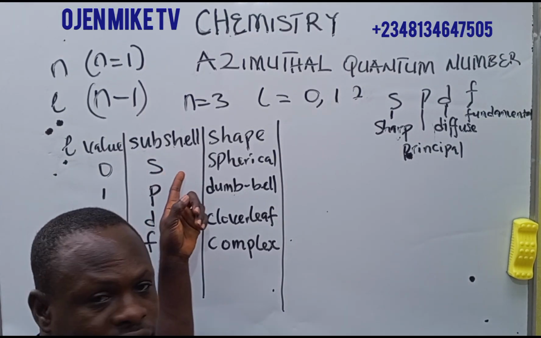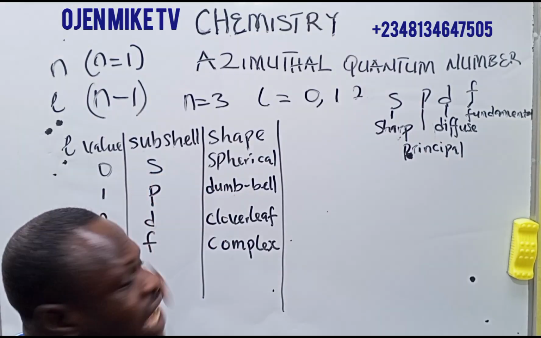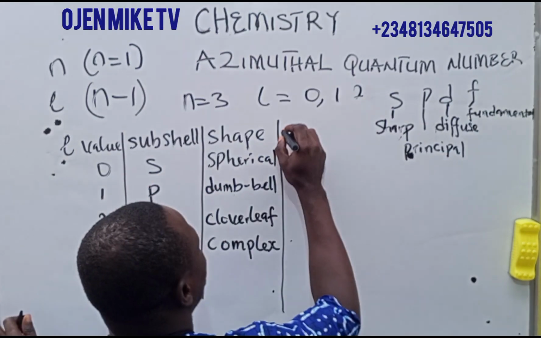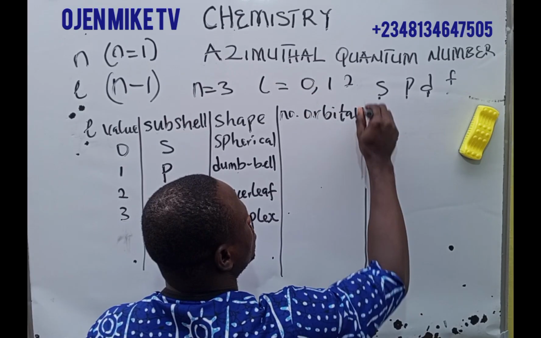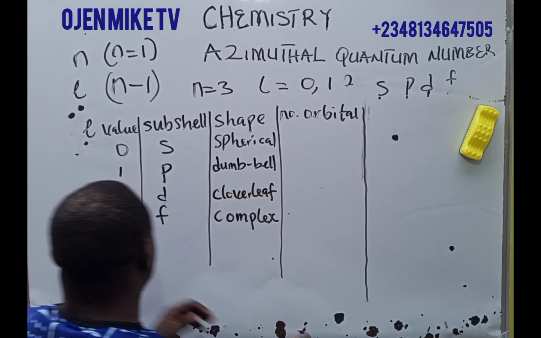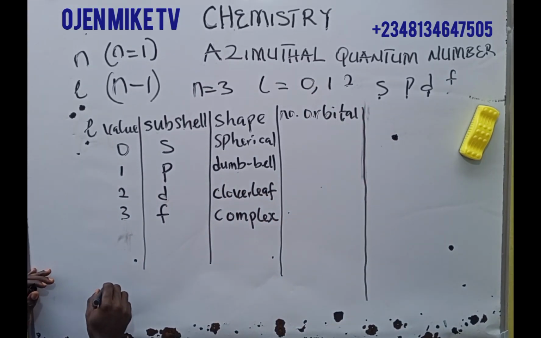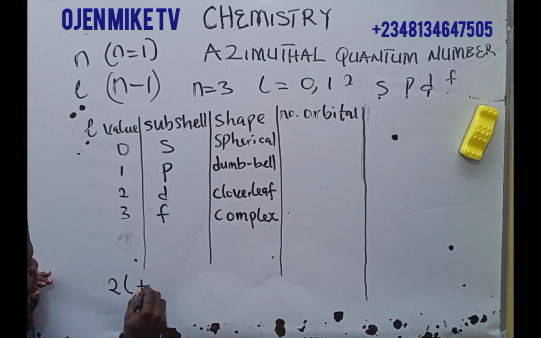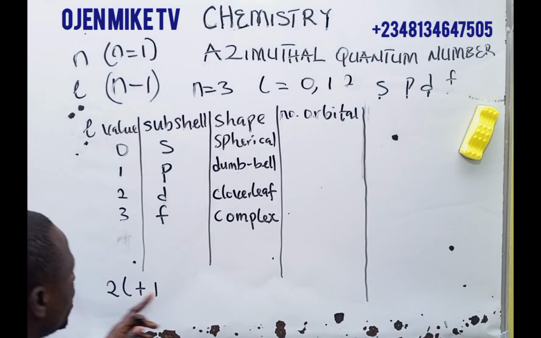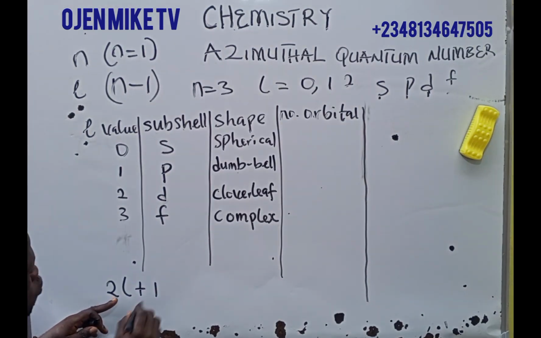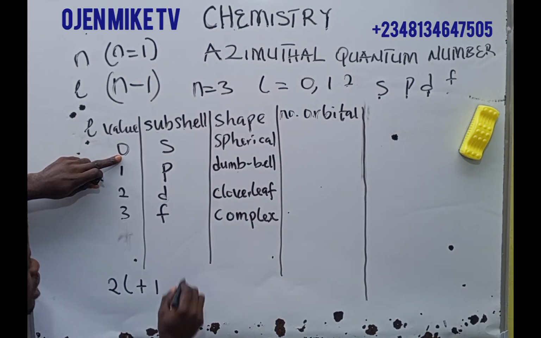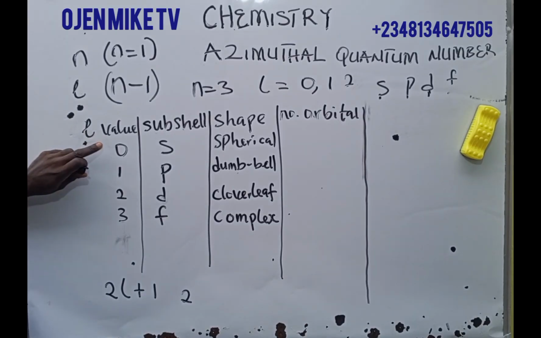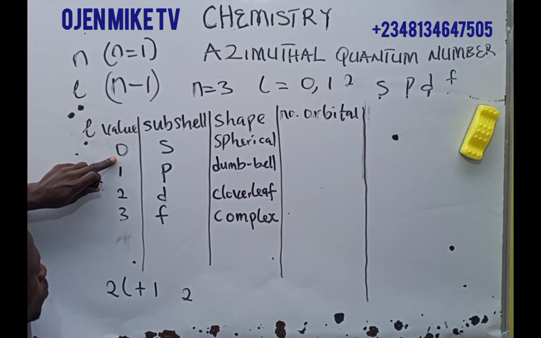How many orbitals does S have? The number of orbitals is represented by the formula 2L plus 1. For the first one here, the L, the azimuthal quantum number, is 0.